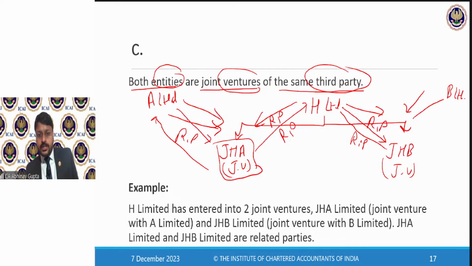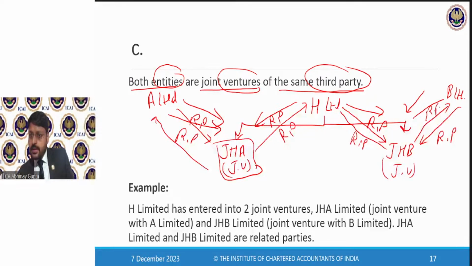A Limited will be related to JHA, yes, RP. Same applies here. B Limited, JHB, yes, RP. JHB Limited to B Limited, yes, RP. Right?